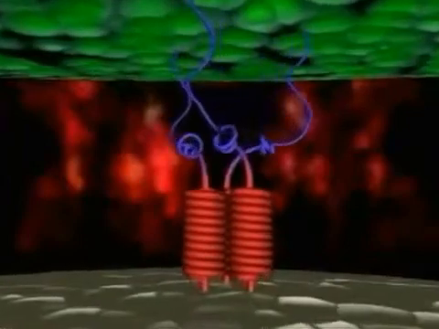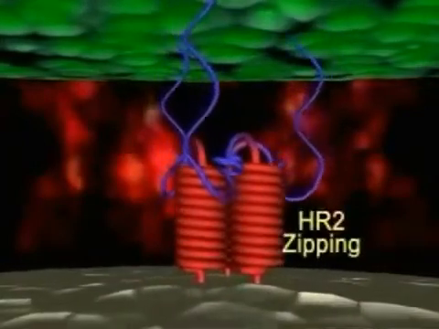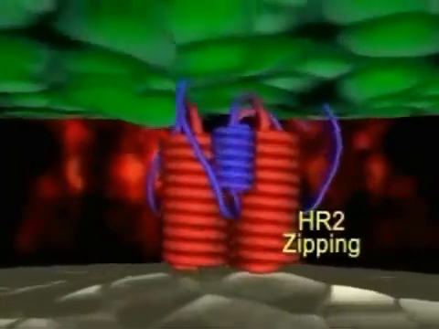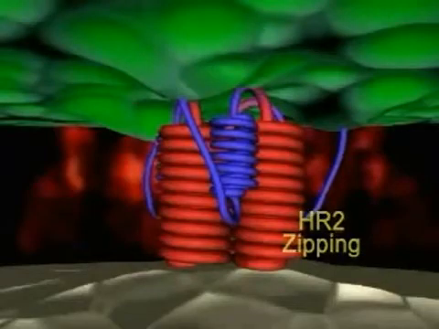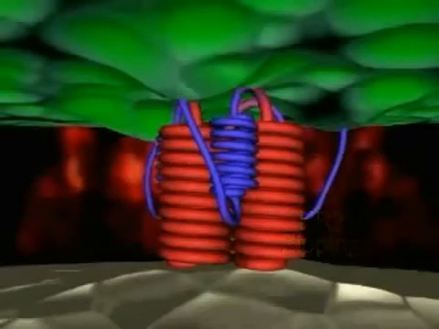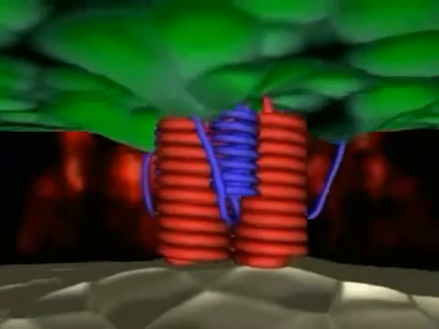Subsequently, the loosely structured HR2 domain begins to coil into the grooves exposed on the trimeric HR1 domain of GP41. This process has been termed HR2 zipping and acts to pull the viral and cell membranes into close proximity.